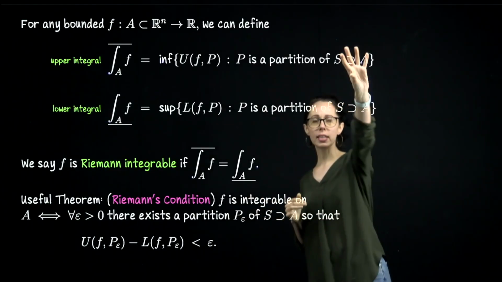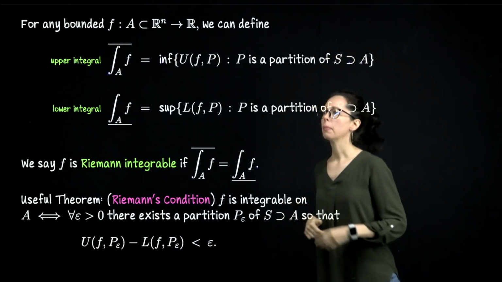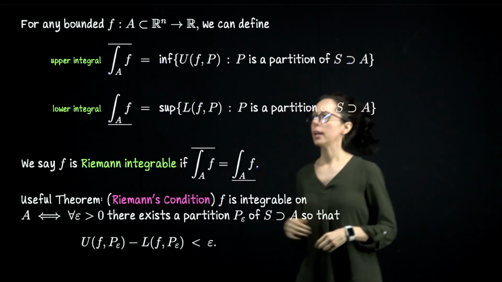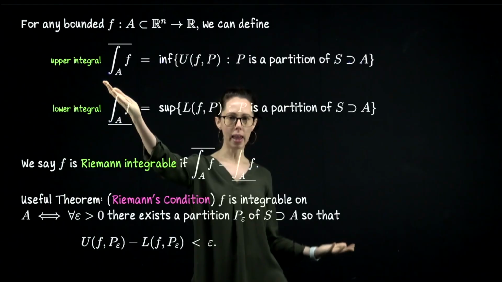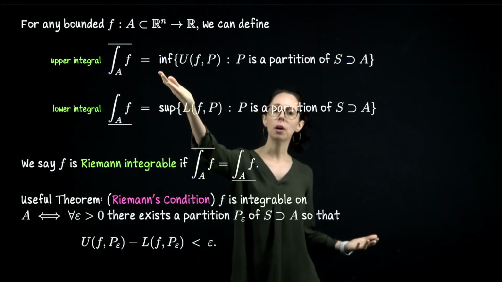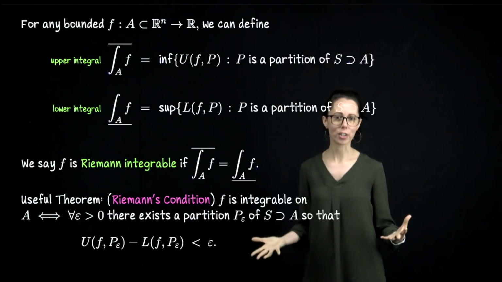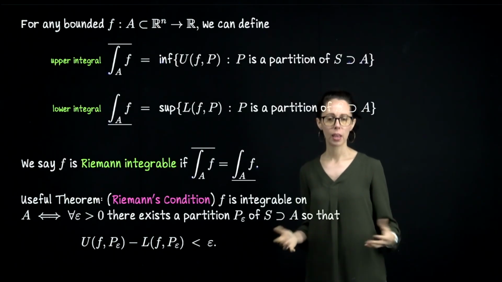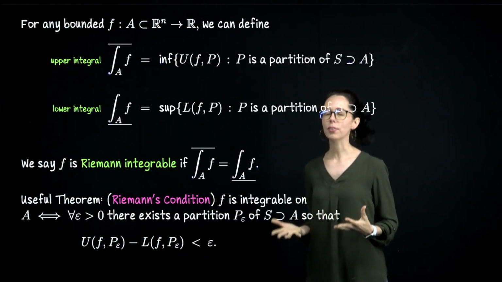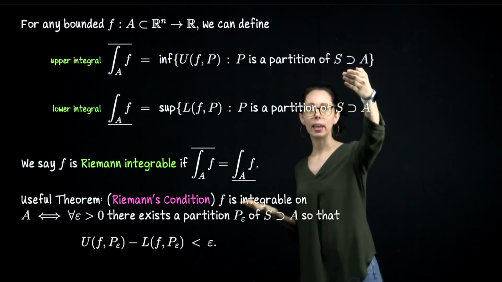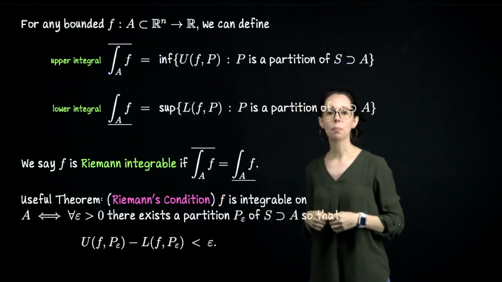Okay, so given this kind of precision that we have to make here, we will define the upper integral of F over the domain A to be the infimum of all possible upper sums of F with respect to all possible partitions. It's the exact same idea as before. We have uncountably many different ways to partition a suitable enclosing rectangle.